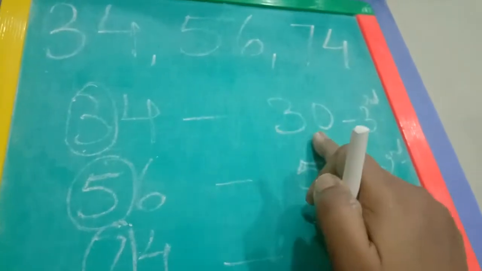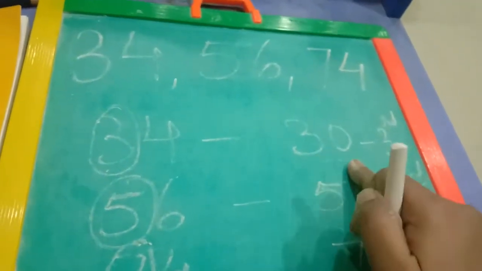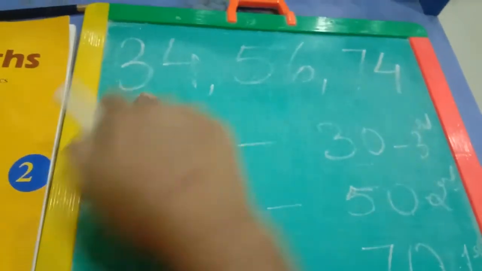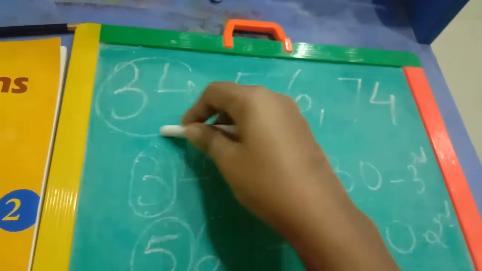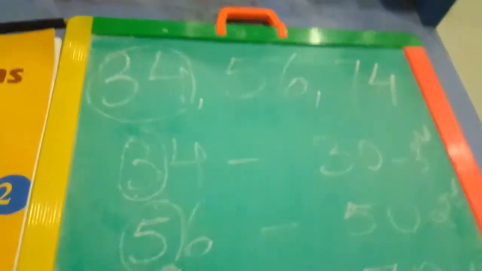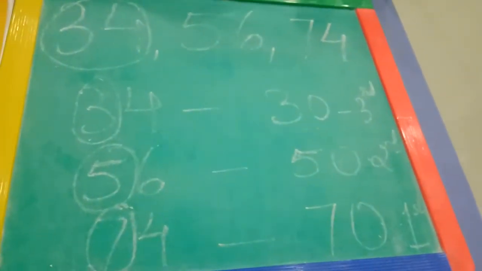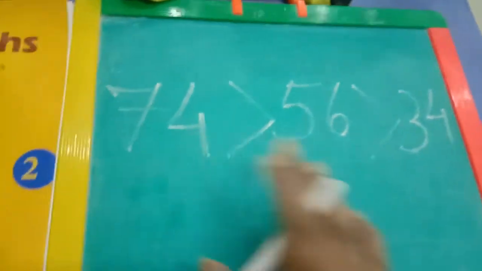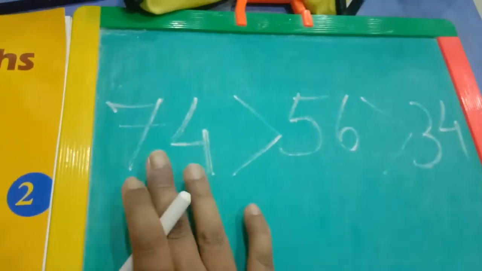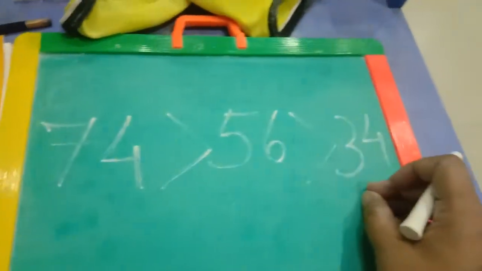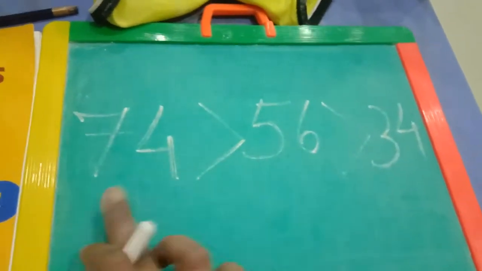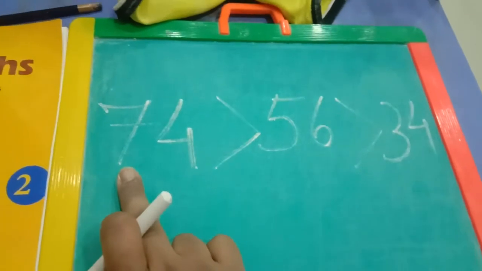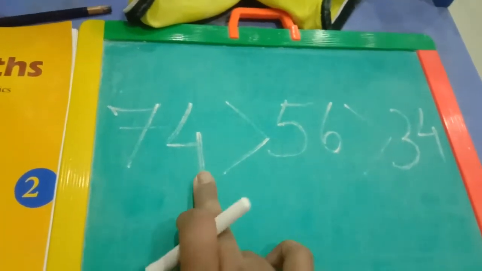Now 30 means 3 tens, sorry. So this number we got as the smallest number. According to maximum to minimum, because 7 was the greatest, 74 is the greatest.